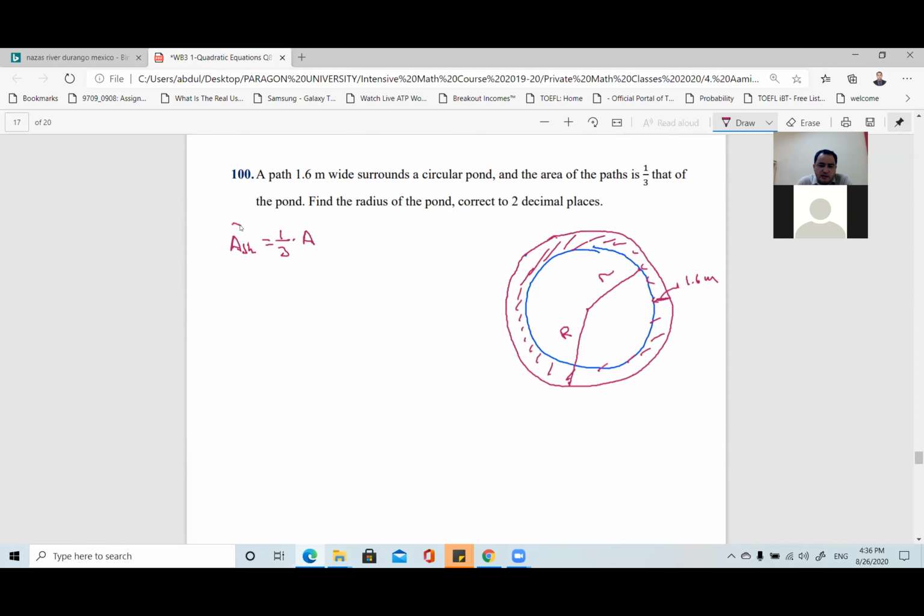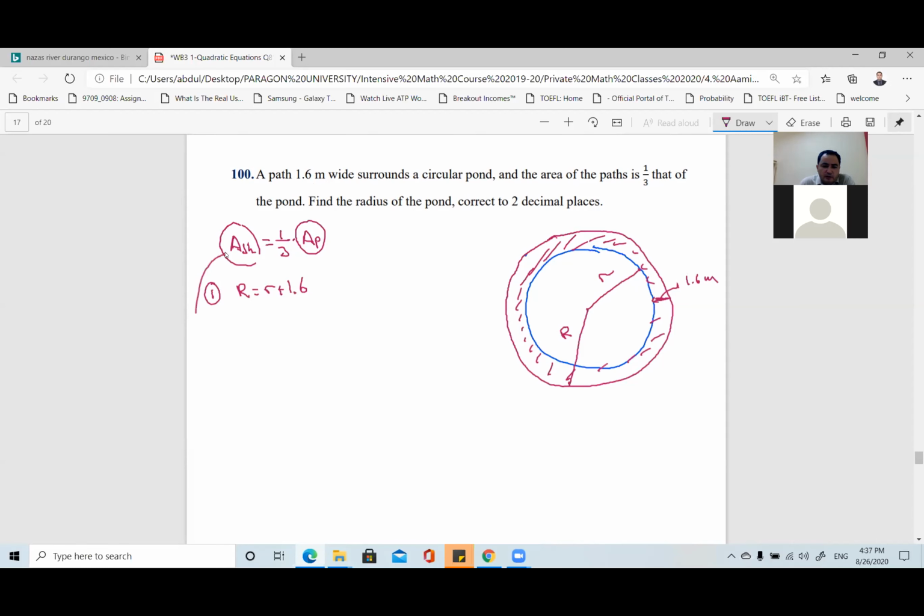Let me write P here. And the width of the path is 1.6 meters. So number one, we can write the relationship between how these two radii are connected. Since this one is 1.6, then capital R is equal to r plus 1.6.